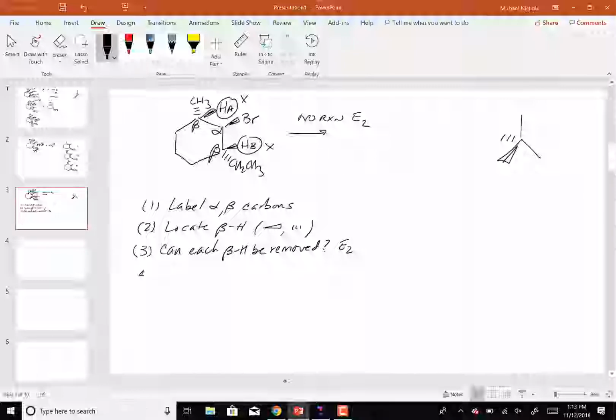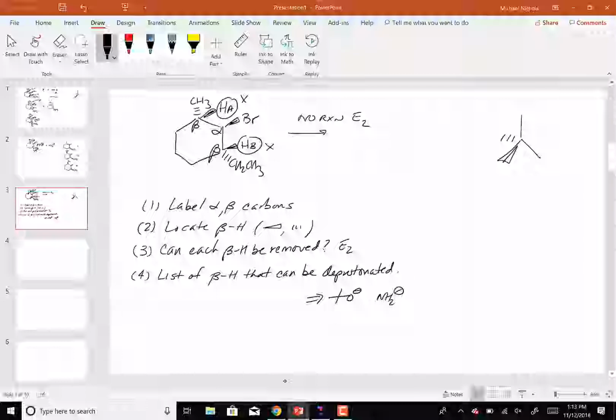And then once you have the list of the beta hydrogens that can be deprotonated, then and only then do you look at the difference between the tertiary butoxide and the NH2 minus and apply those rules.